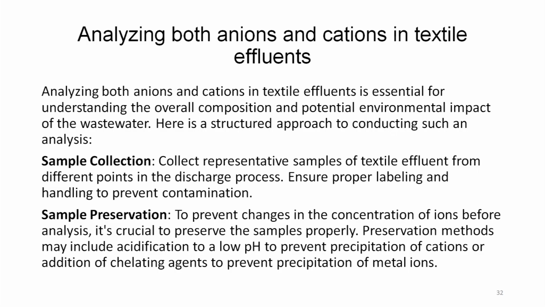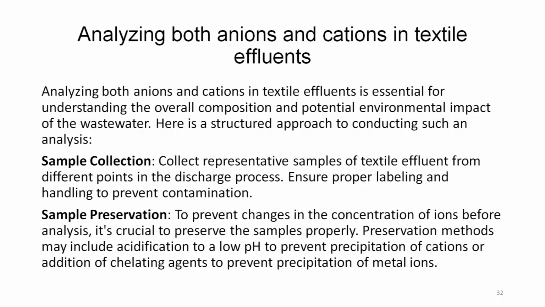Collect representative samples of the textile effluent from different points of the discharge process. Ensure proper labeling and handling to prevent contamination. So, there is a sample collection protocol even in these test methods. Everywhere the sample collection should be done in a proper, organized way, by the methods that have been described.